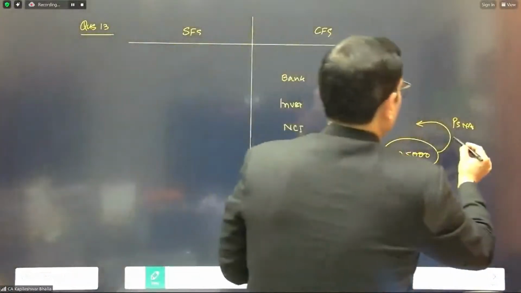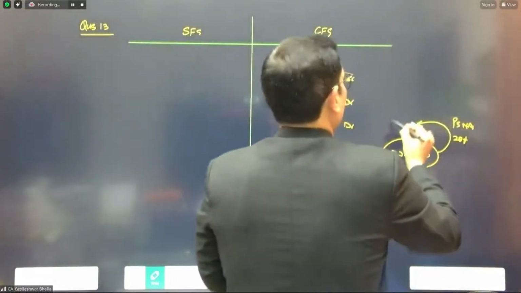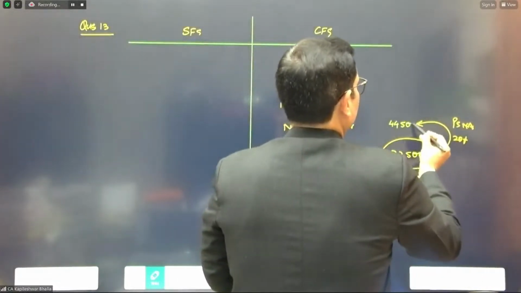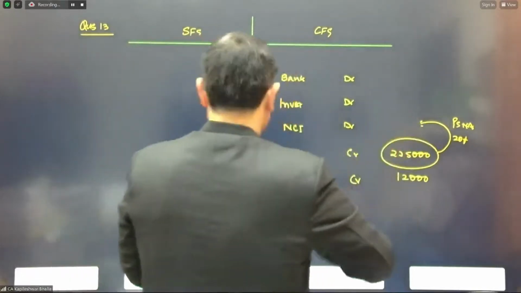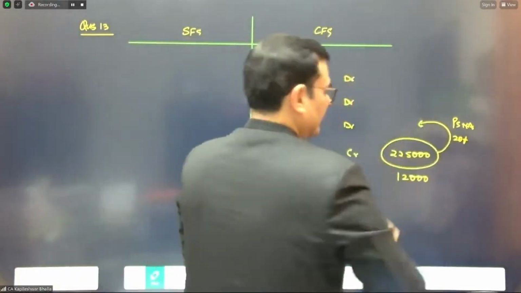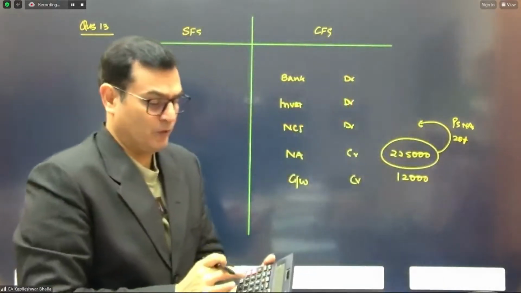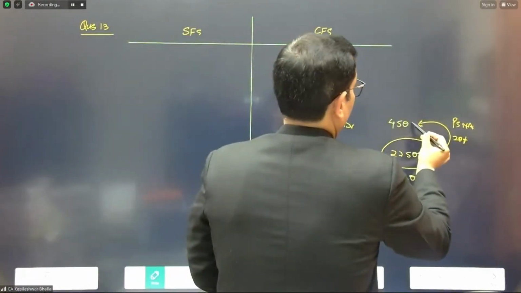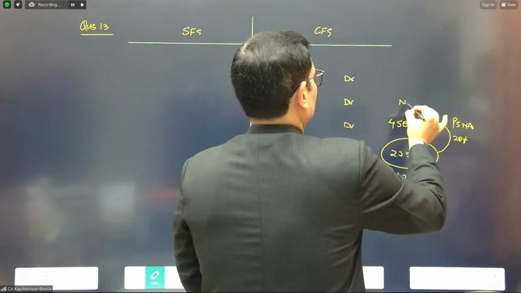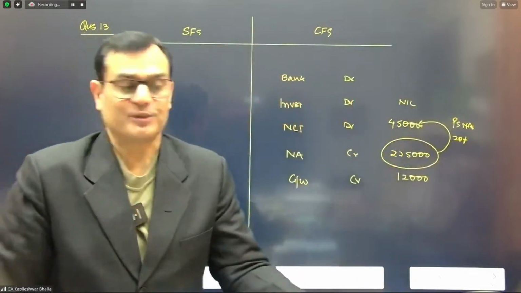So 20% of this would mean, let me just compute this. Out of 2,25,000, 20% belongs to the NCI. That's 45,000. Now it is a full disposal, so there is no investment which is retained. That becomes zero.